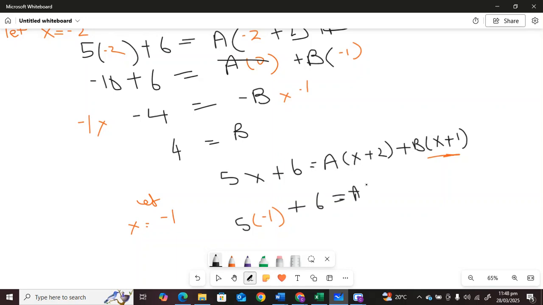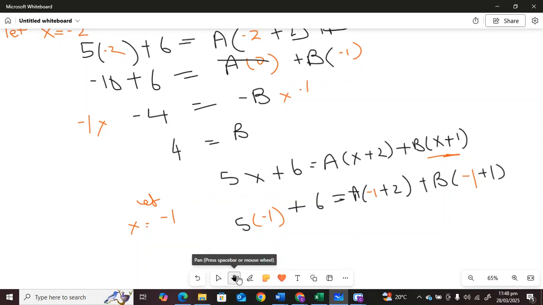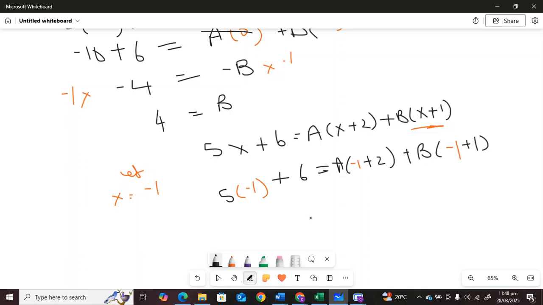So here we have a, where there's x, replace it with -1 plus 2, plus b, replace x with -1 plus 1. -1 plus 2, that is 1.